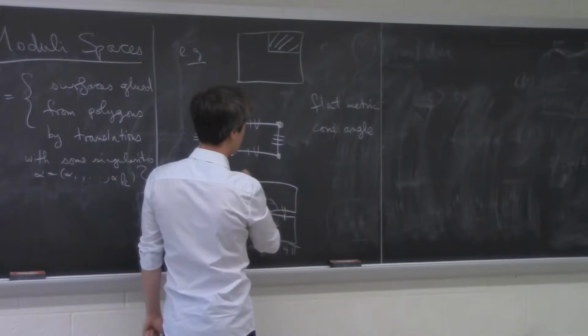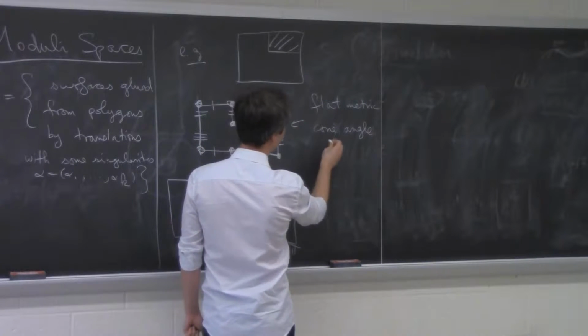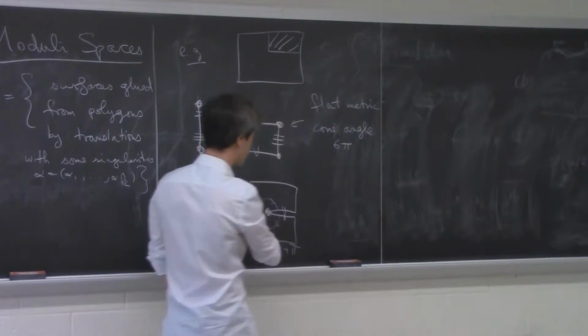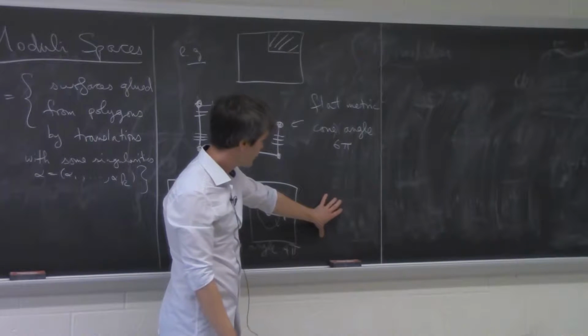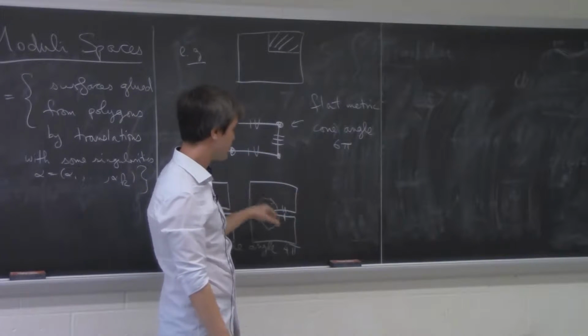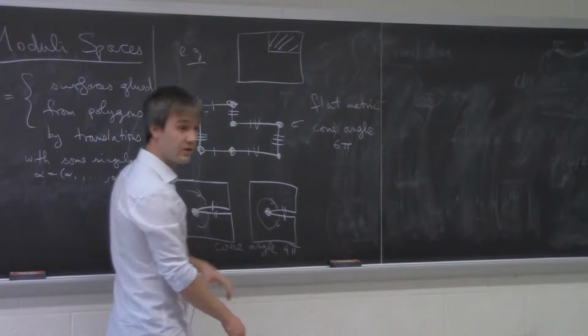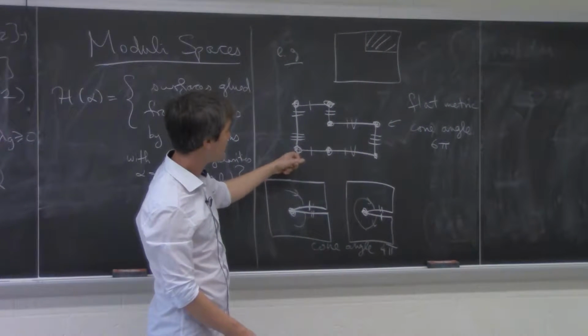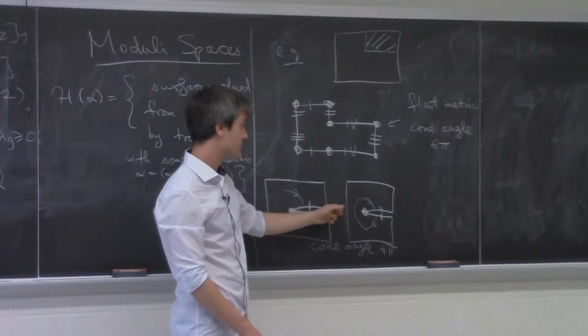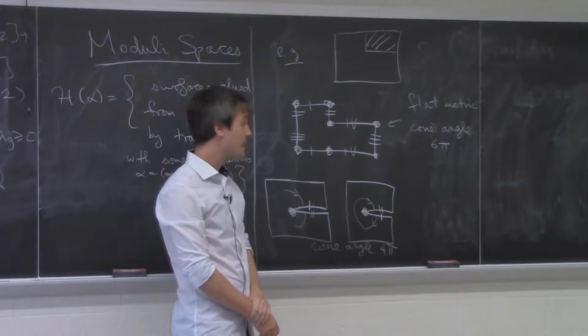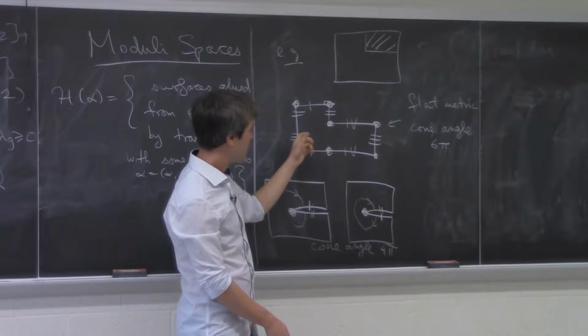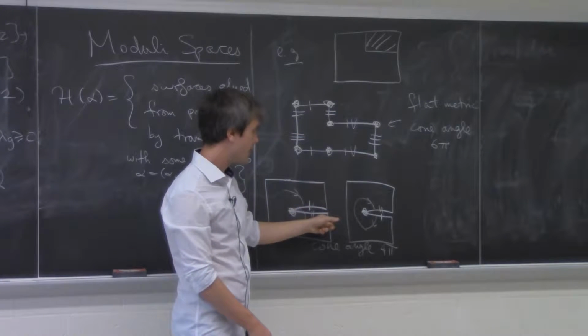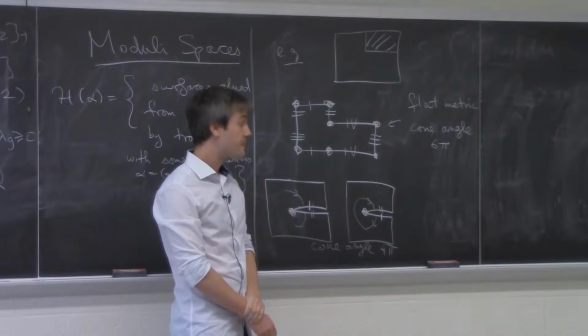But for this example, you'll get a cone angle of size 6 pi. So you should add a third sheet and glue them in cyclic order. Sorry, I just realized that. So this is a slightly degenerate example. The cone angle 4 pi is more generic than the 6 pi one. So for genus 2, you would have either 2 such cone angle 4 pi's or 1 cone angle 6 pi.